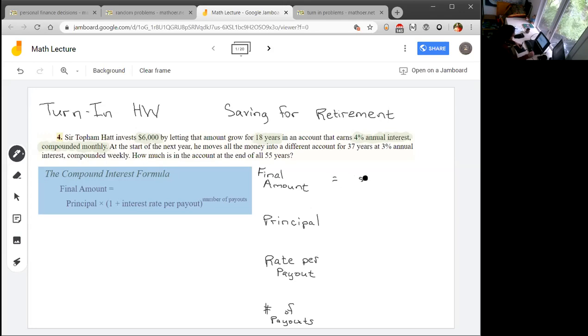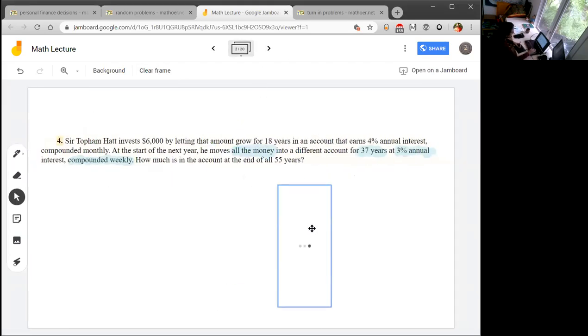So the final amount is what we're solving for. Actually, to save time, I'm going to grab that and put it over there.